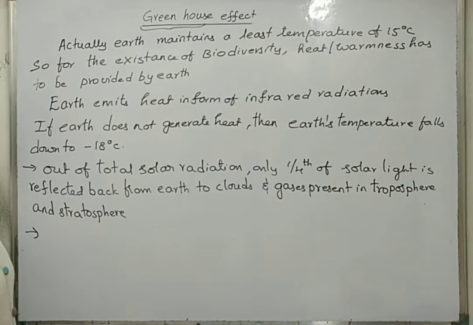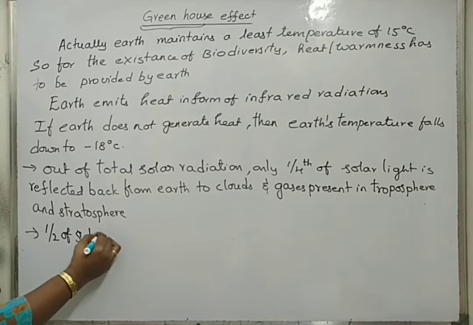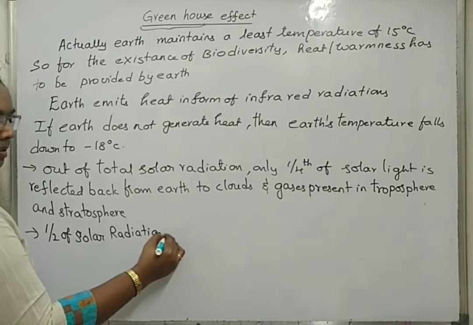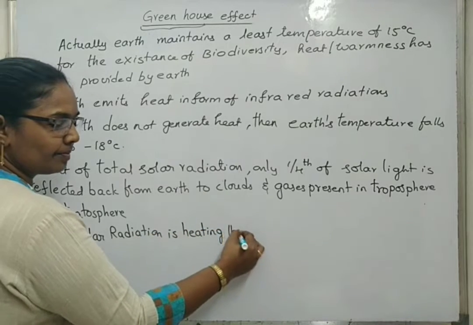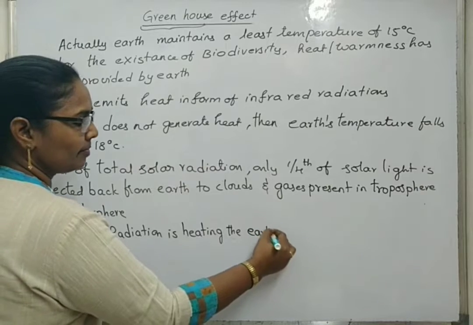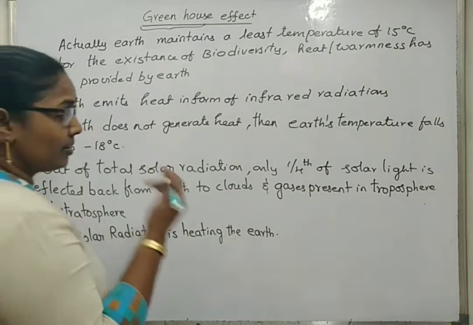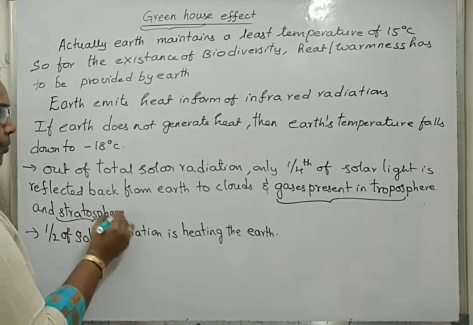Then, how much solar light is heating the earth's surface? Half of the solar radiation is heating the earth. Here we have used the term gases that are present in the troposphere and stratosphere.